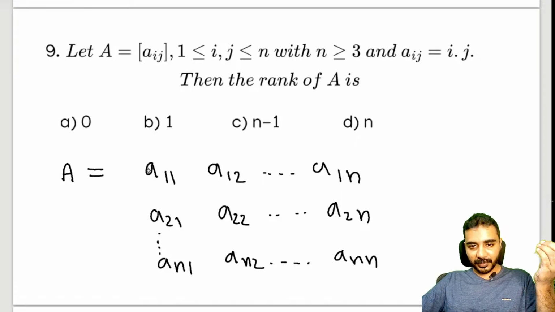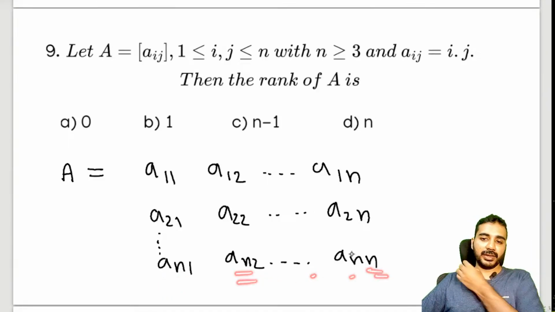So we can consider up to n rows. That's why the last row is An1, An2 up to Ann.